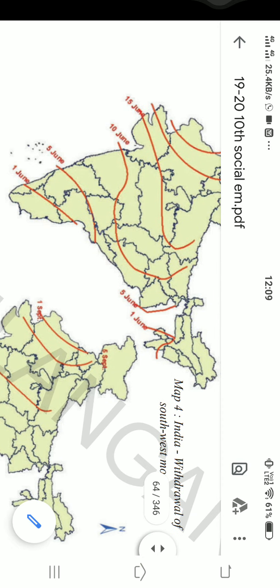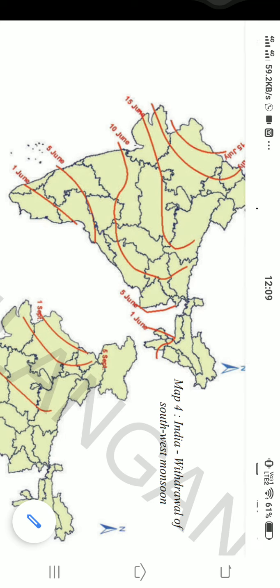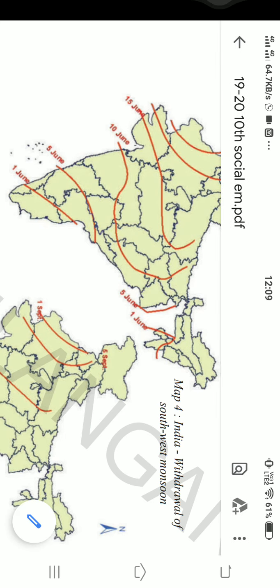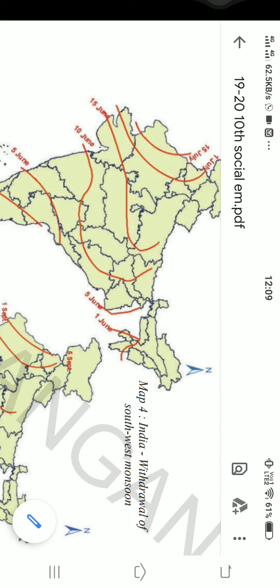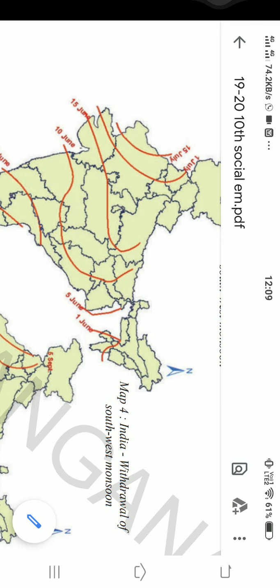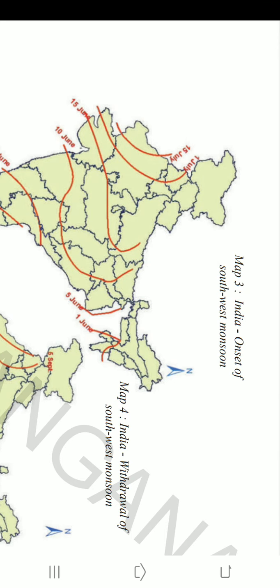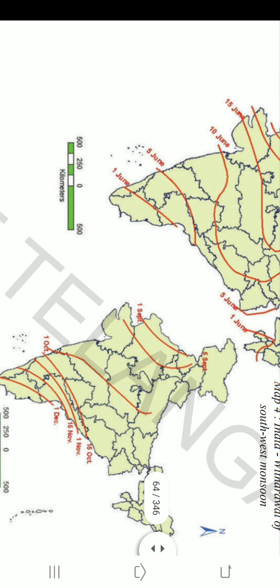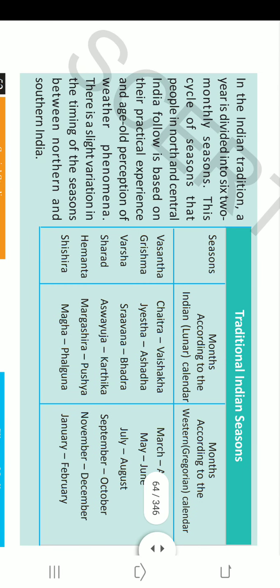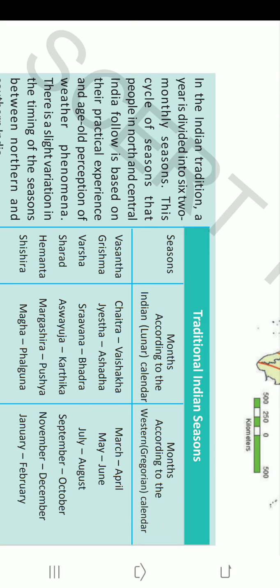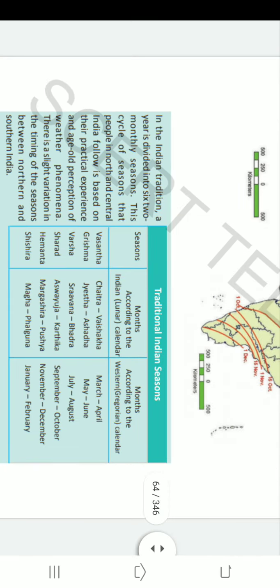Another question: in which of these states will there be southwest monsoon by 15th June? It is Gujarat. You may find July 1st there also, but 15th June is earlier than 1st July, so you should write 15th June. 1st July comes after 15th June, so 15th June should be taken. Like that, questions will be asked to you on maps under information skills. Understand? So this is what I want to say.